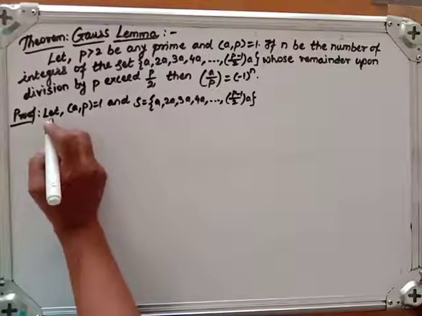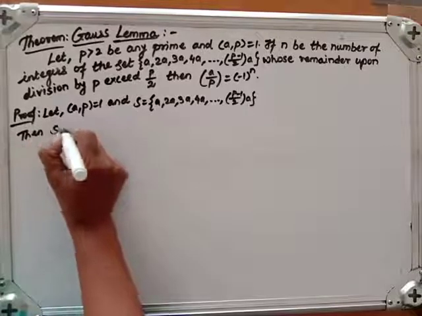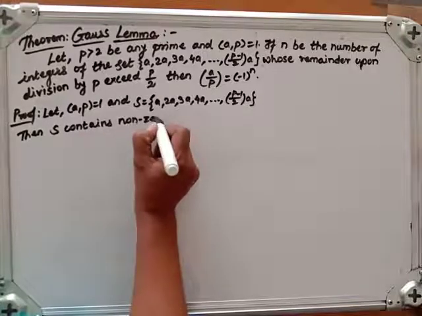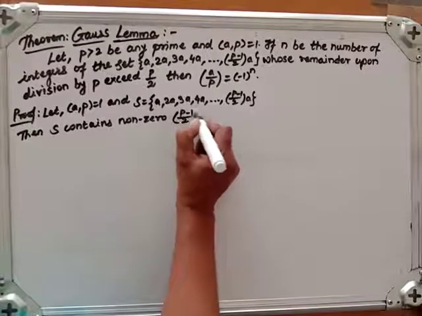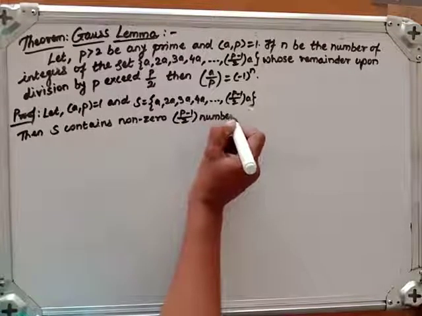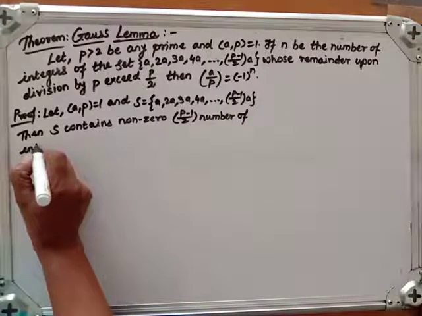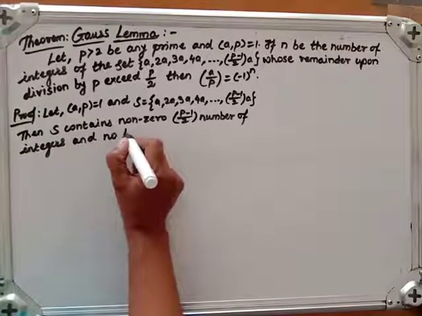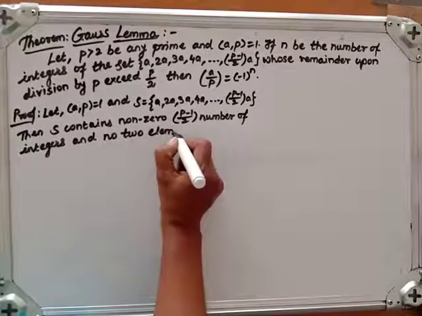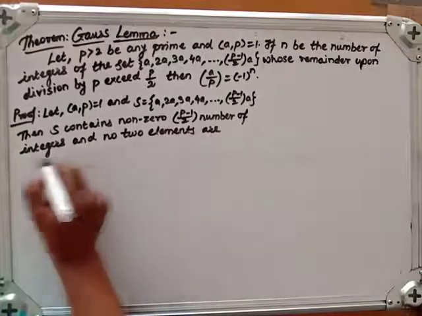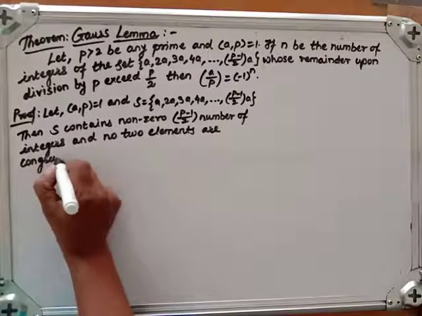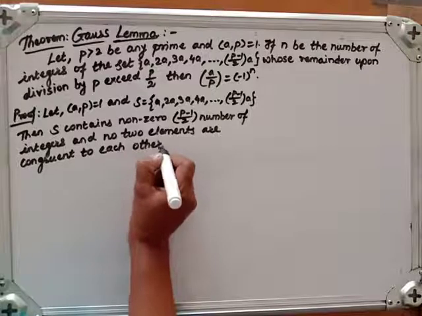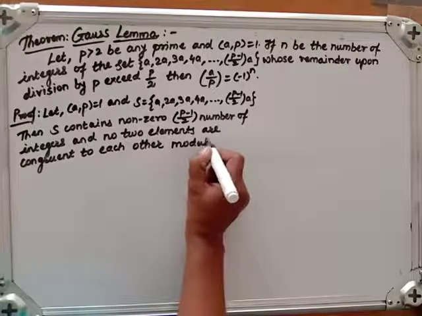Then this S contains (p minus 1) by 2 non-zero integers and no two elements are congruent to each other modulo p.